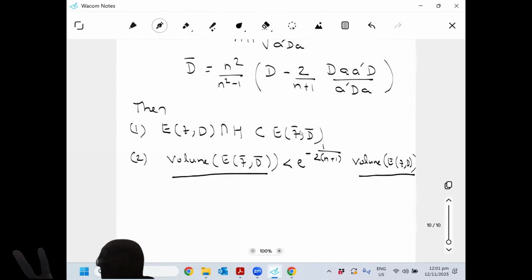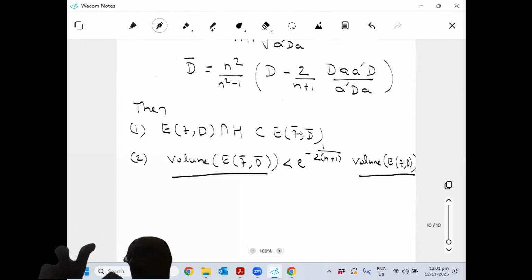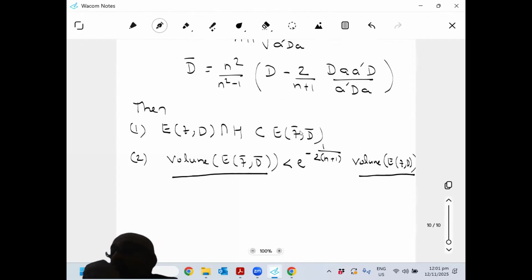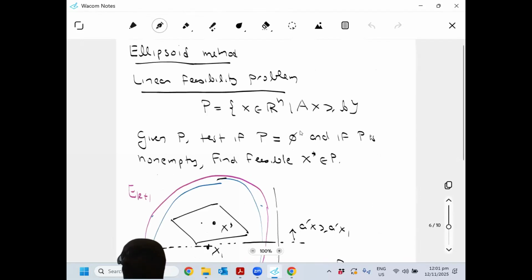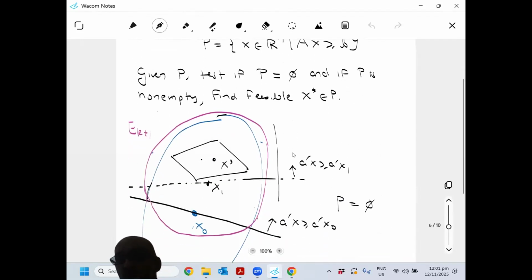I will discuss this a little bit more next time. On Friday I will complete a bit more discussion on this. One thing I want you to take away is that the ellipsoid method is not using any property of the polyhedron itself.